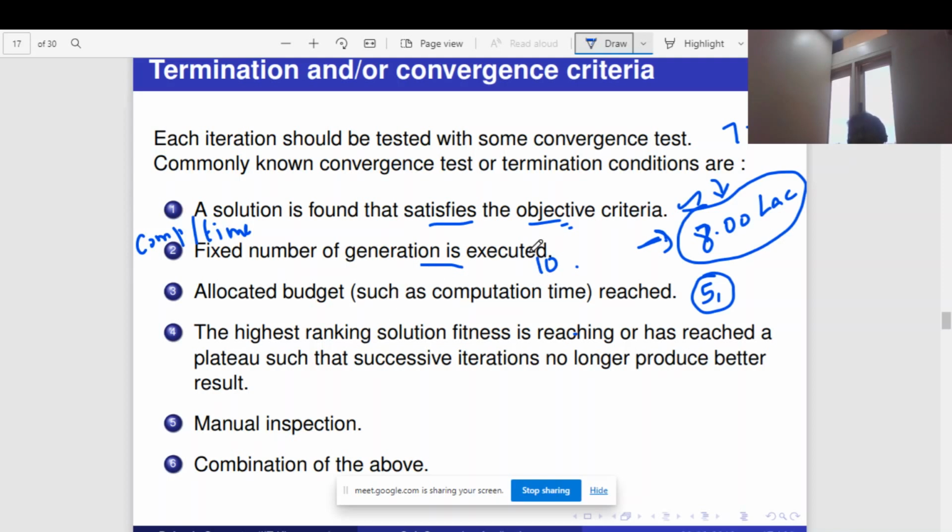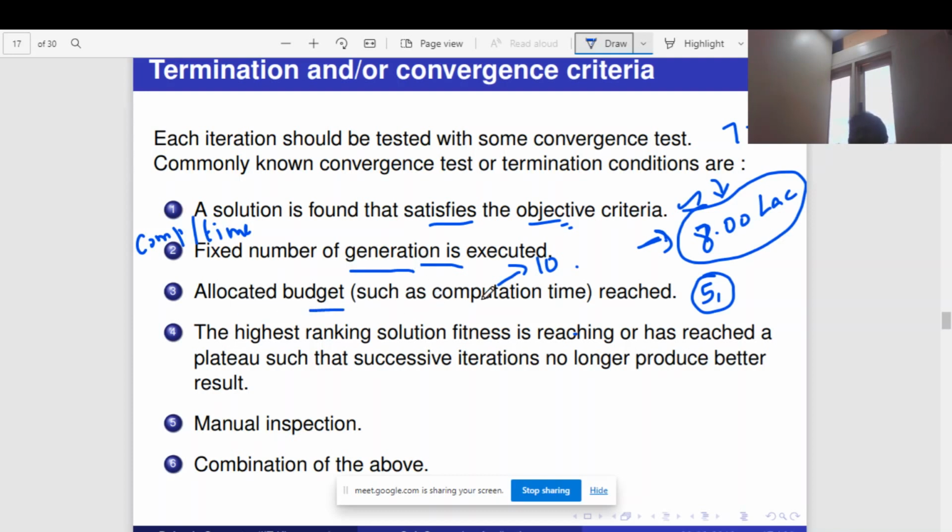Some AI programs run for several days to converge to a solution, maybe on a supercomputer. Let me execute for 10 days, and after 10 days, whatever solution comes, I'll take that. That is called a fixed number of iterations, or here, instead of iteration, we use generation, because in each iteration a new set of offspring is generated.